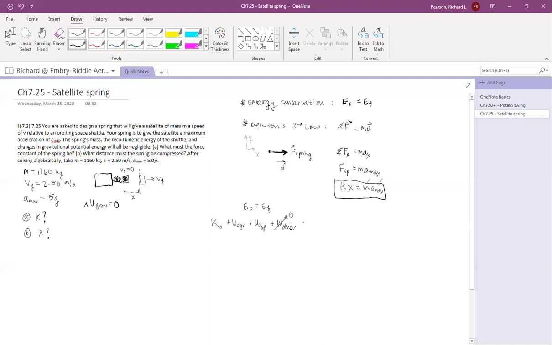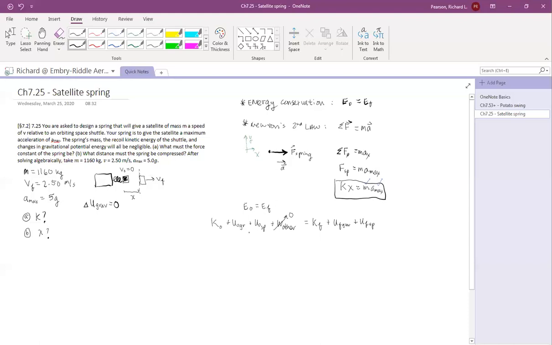There's no friction, there's no other outside forces, so that's zero. And that's all equal to our final energy, which is our kinetic energy plus our final gravitational potential energy and our final spring or elastic energy.